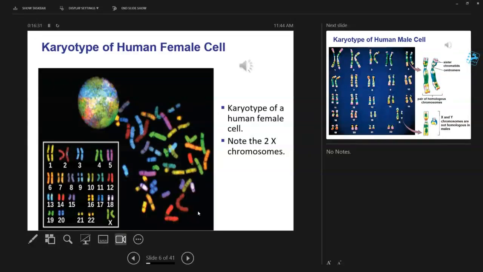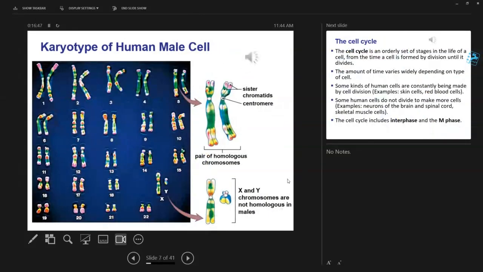And because these are short and thick, we know that this karyotype was made when that cell was dividing, because otherwise these long threads wouldn't look short and thick like that.